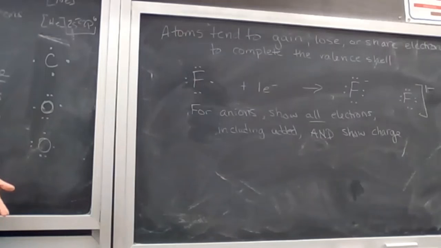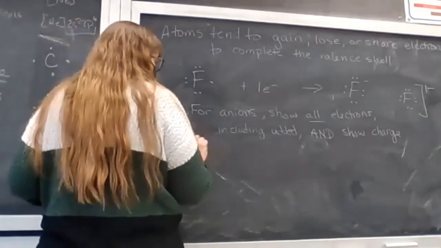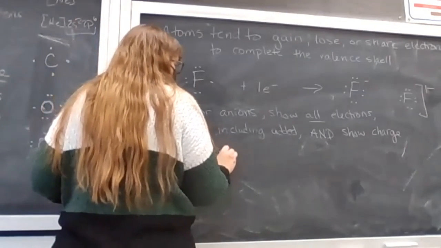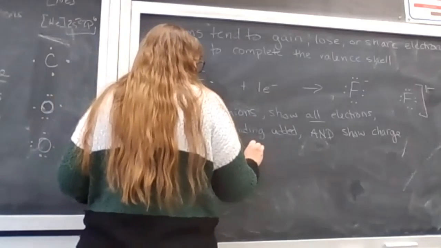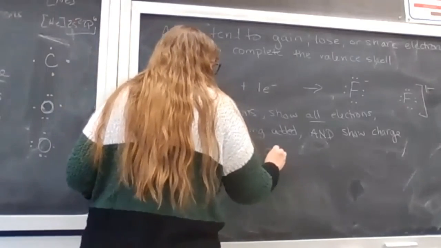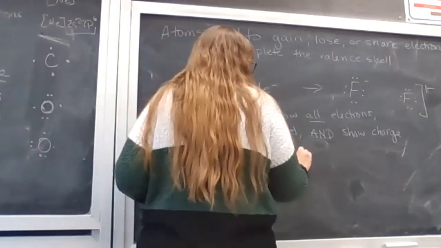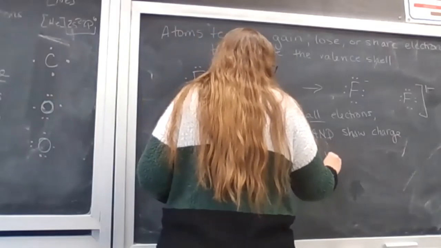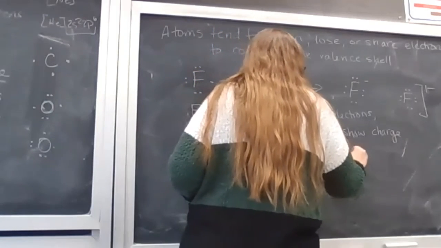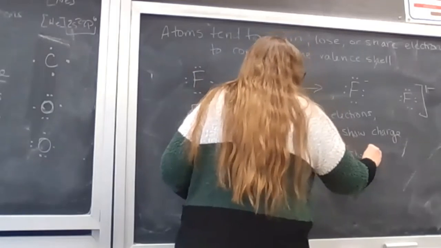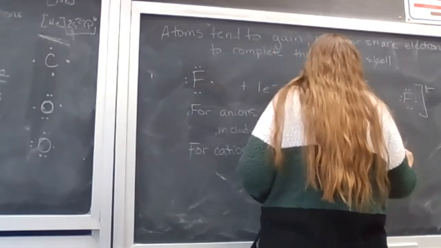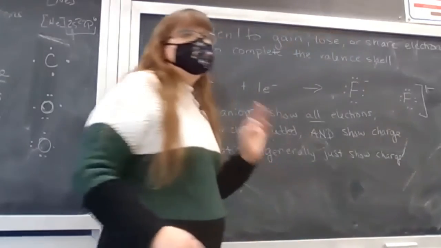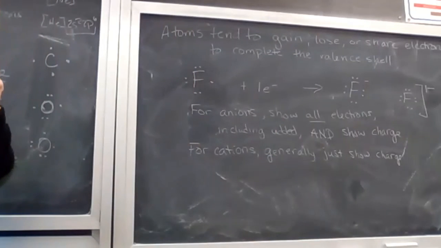For cations, we tend to remove all the electrons, so we don't tend to show dots. And this is for monoatomic, when I have just one atom.